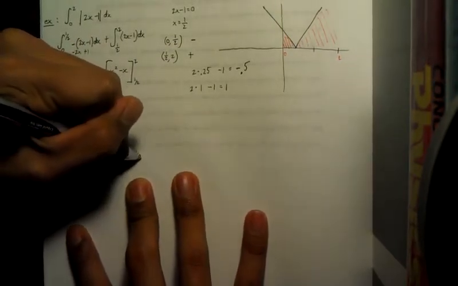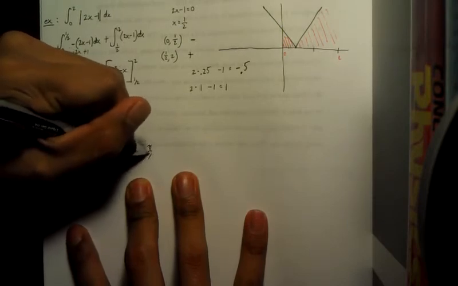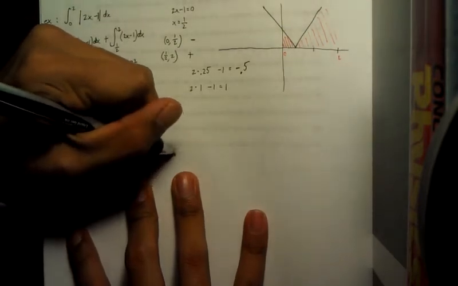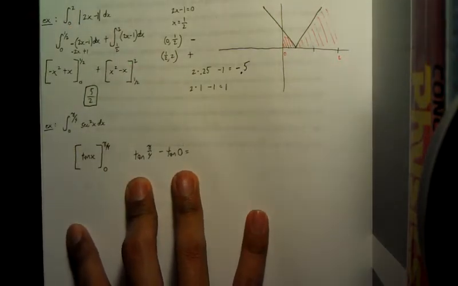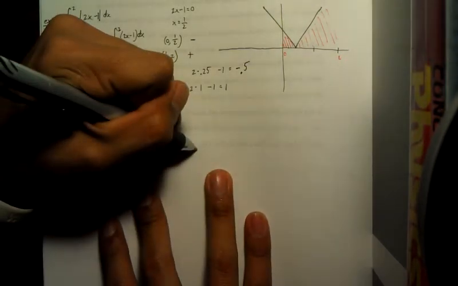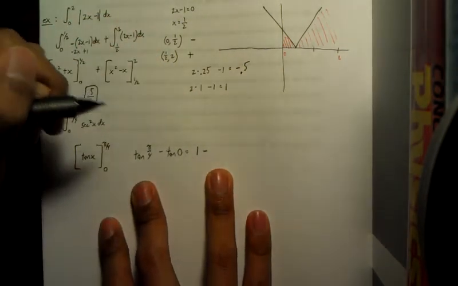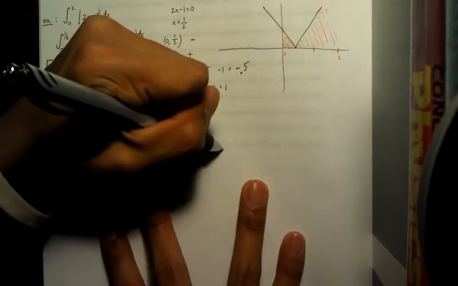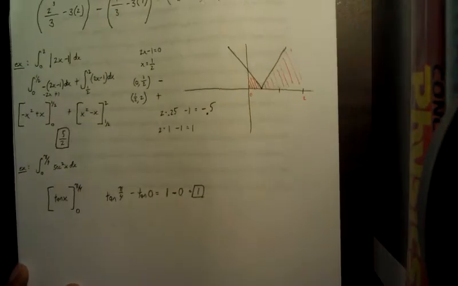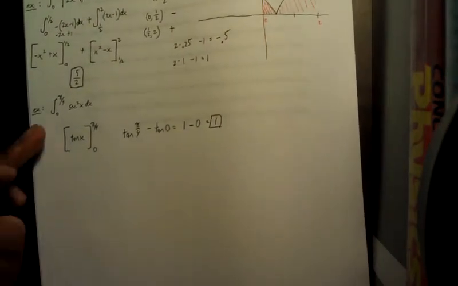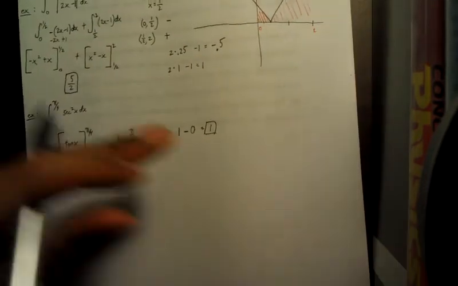So it's asking for tangent of pi over 4 minus tangent of 0. And so that's going to equal 1 minus 0, and so your answer is just 1. I guess I could have moved this example down, but oh well.